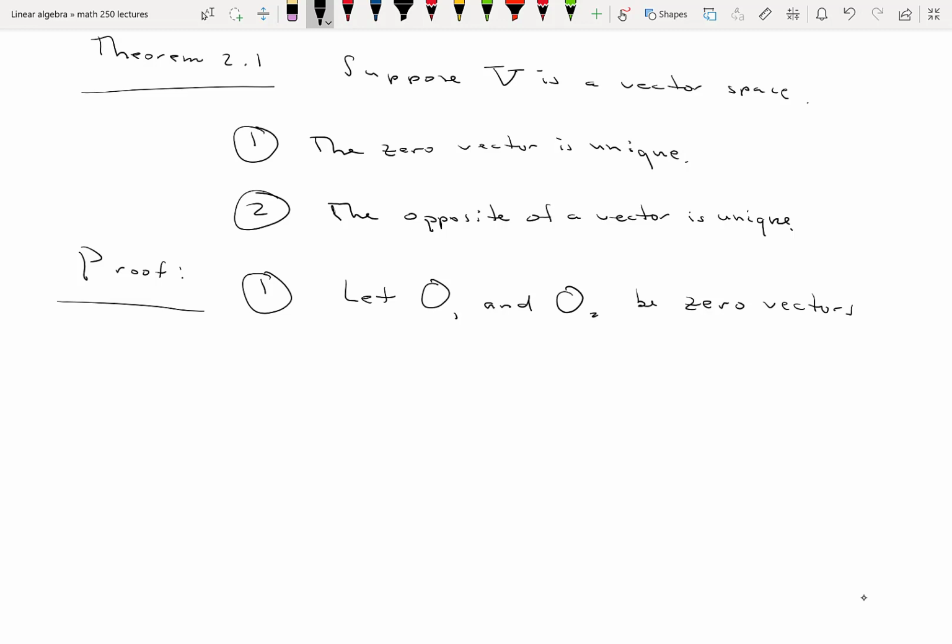So here's the proof. 0 sub 2 equals 0 sub 2 plus 0 sub 1. Why? Every time you write a line in a proof, you should be able to explain to yourself why it is true. It's true because v equals v plus 0 in a vector space.